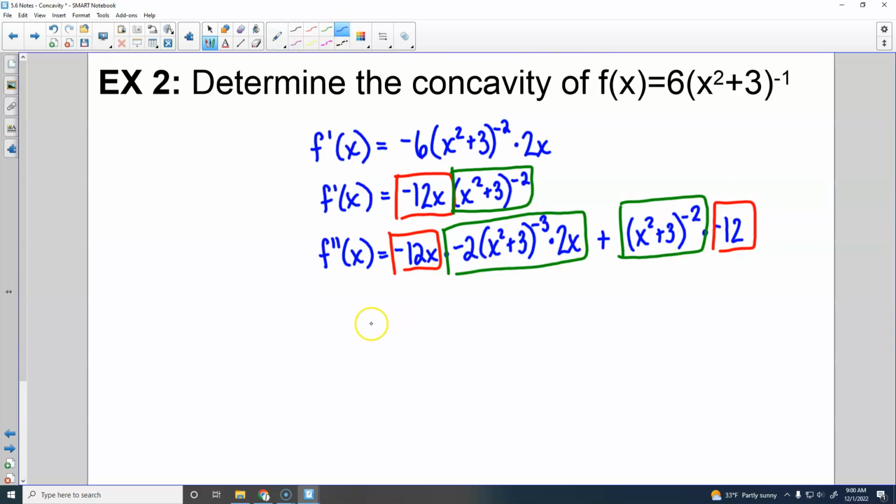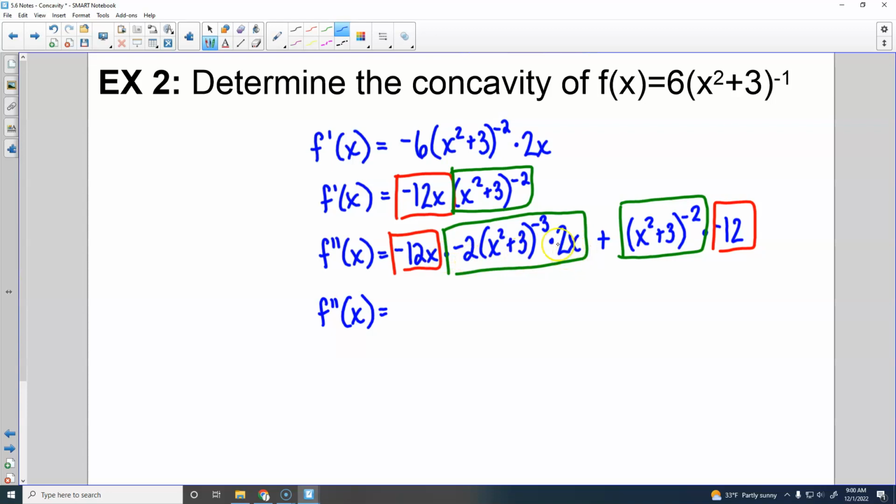So if we clean this up a little bit, because you don't necessarily have to, but to be able to tell where this is 0 or undefined, it's going to be a lot easier if we simplify it. So I've got negative 12x, negative 2, and a 2x right here.